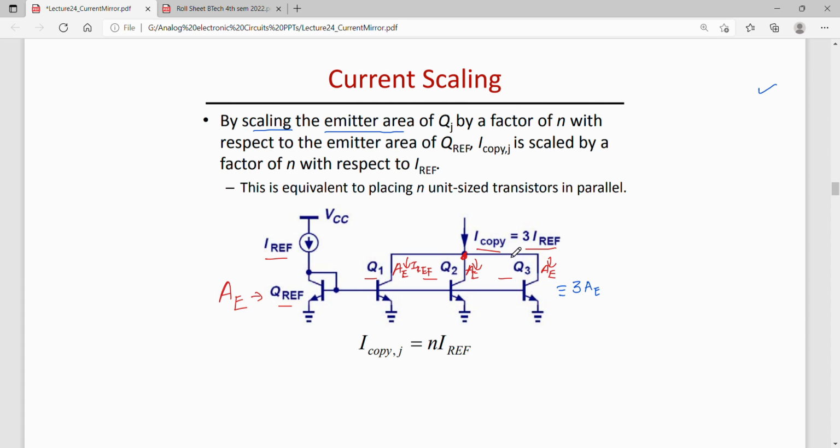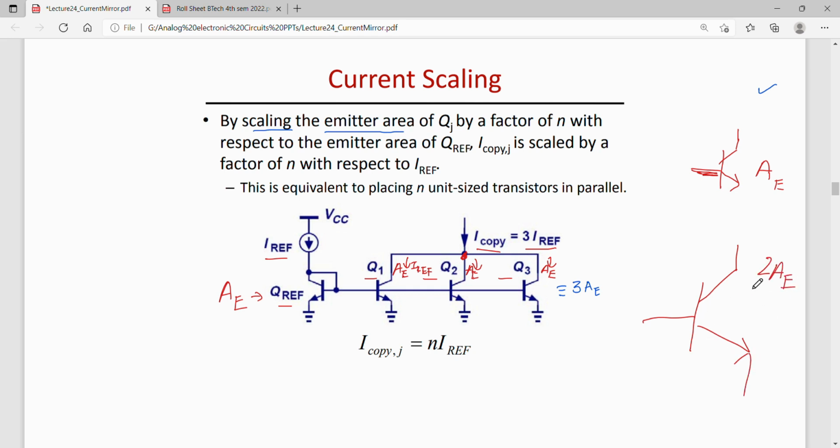Now we had also understood in our previous lectures that, let us say I have a BJT with emitter area AE, and I want a bigger BJT, which has, let us say, twice the emitter area.